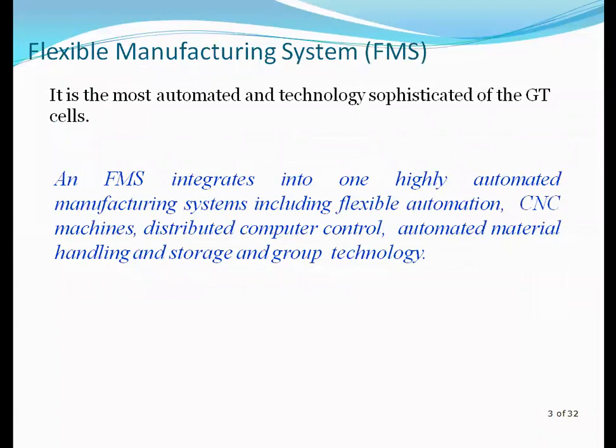Almost all the operations will be controlled through computers, and there will not be any direct interface of the man in the processing. Only computer control is used, and the material handling system used here is also automated, with automated material handling and storage in the flexible manufacturing system.